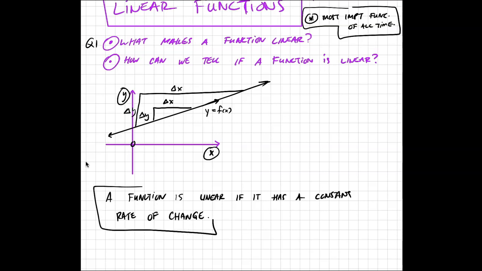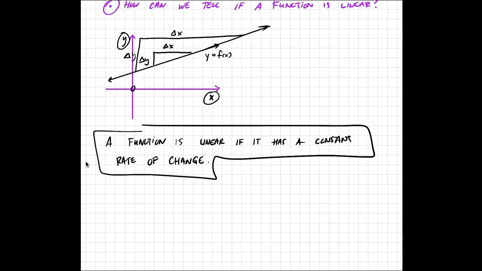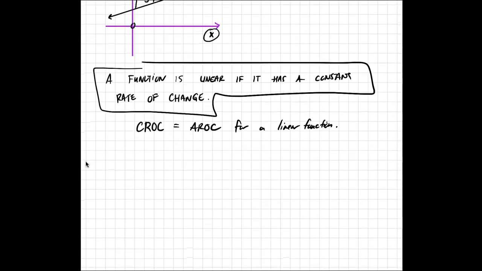So this is the biggest idea here. And a constant rate of change, CROC, equals the average rate of change for a linear function. If you measure the average rate of change between any two points in the function, it should always be the same. So let's look at a simple example.